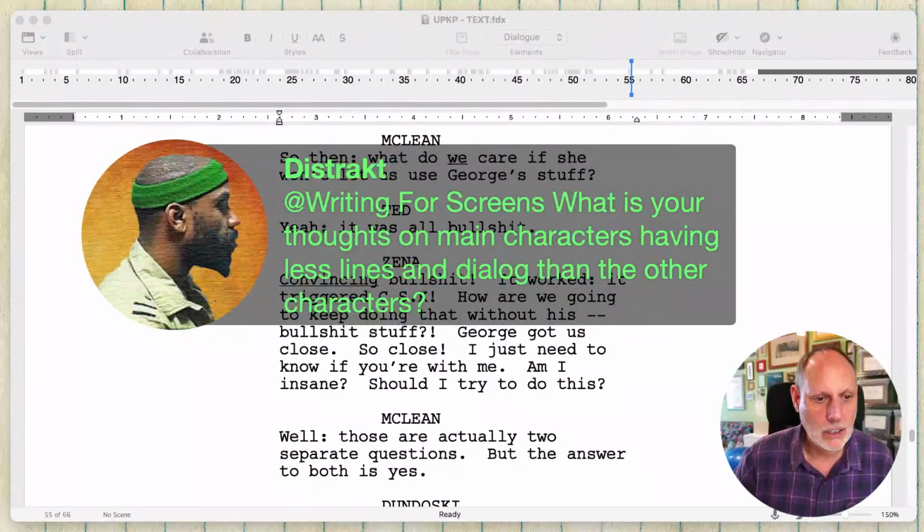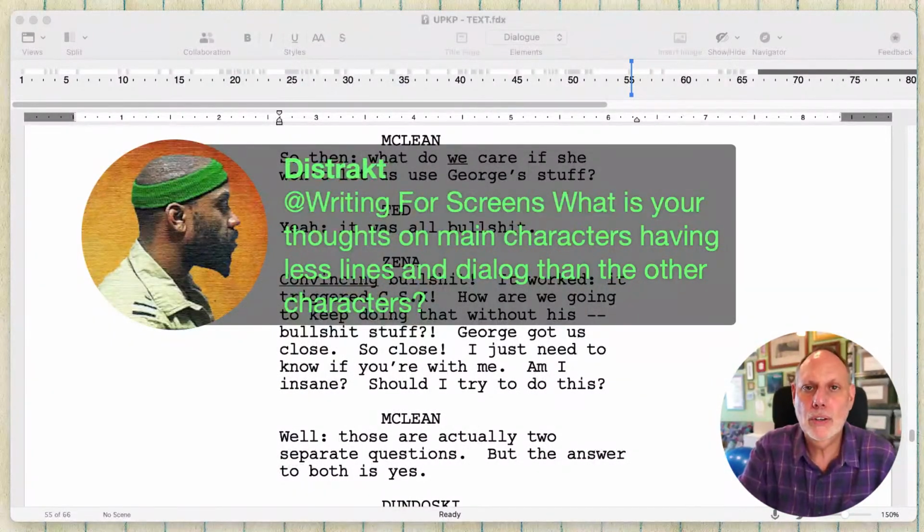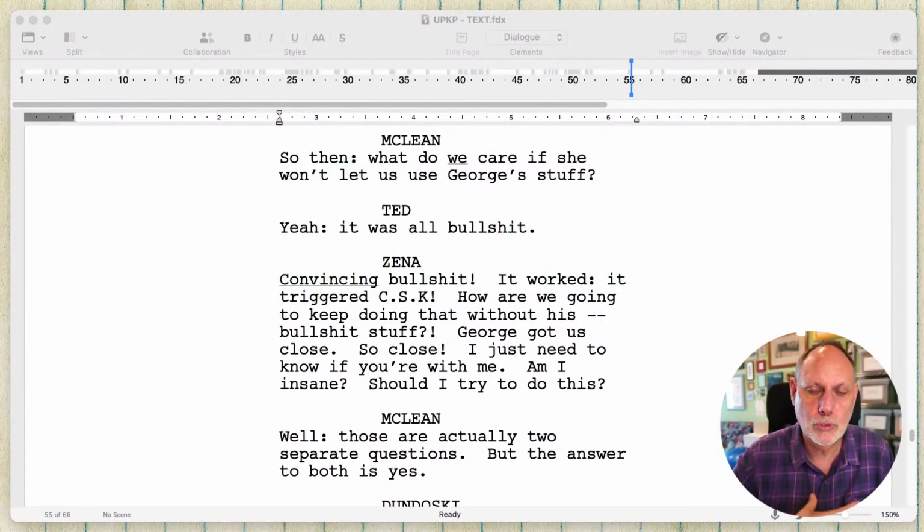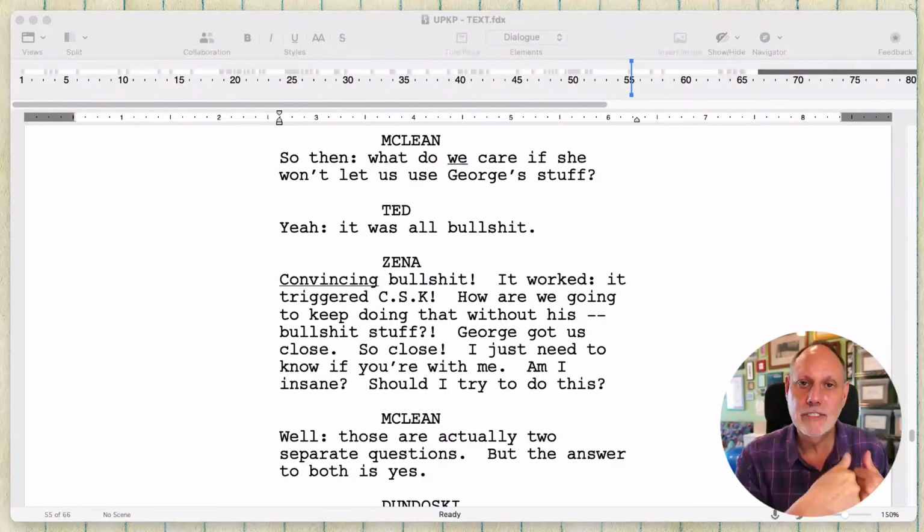As in, some people are saying that they should have fewer lines. That seems weird to me. I wouldn't, unless the point of the character is that they don't talk much. You know, now and then you'll get a character, often played by Clint Eastwood, who won't talk. They're just the one who holds back. If that's their character, if it's an important part of their way of dealing with the world, sure.